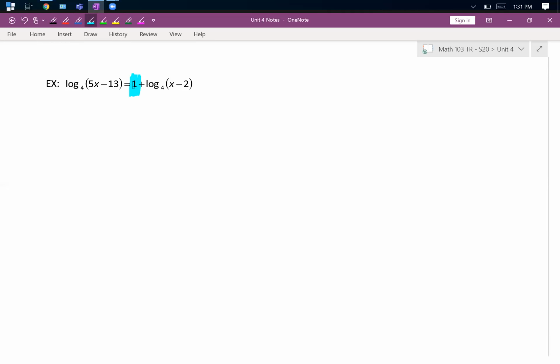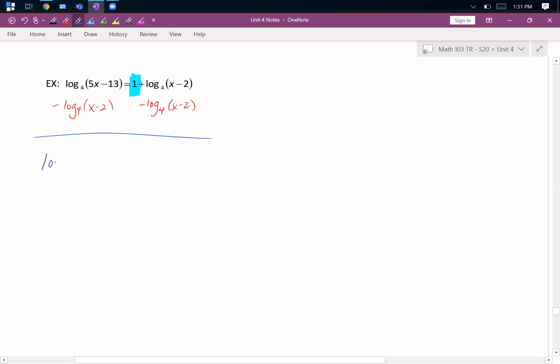All my constants are already on the right, so I'm going to move this other log to the left. This is a log base 4 of 5x minus 13 minus log base 4 of x minus 2 equals 1. We've got the logs on the same side, so now we can combine them.